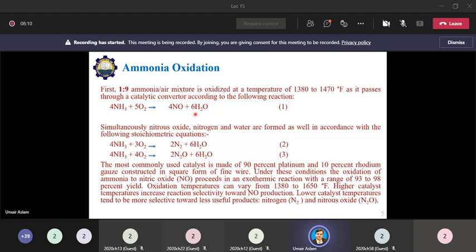If we are unable to control the reaction conditions, we have poor control on the reactor, then these side reactions can also take place. As a result, ammonia will be oxidized to nitrogen and nitrous oxide as well.